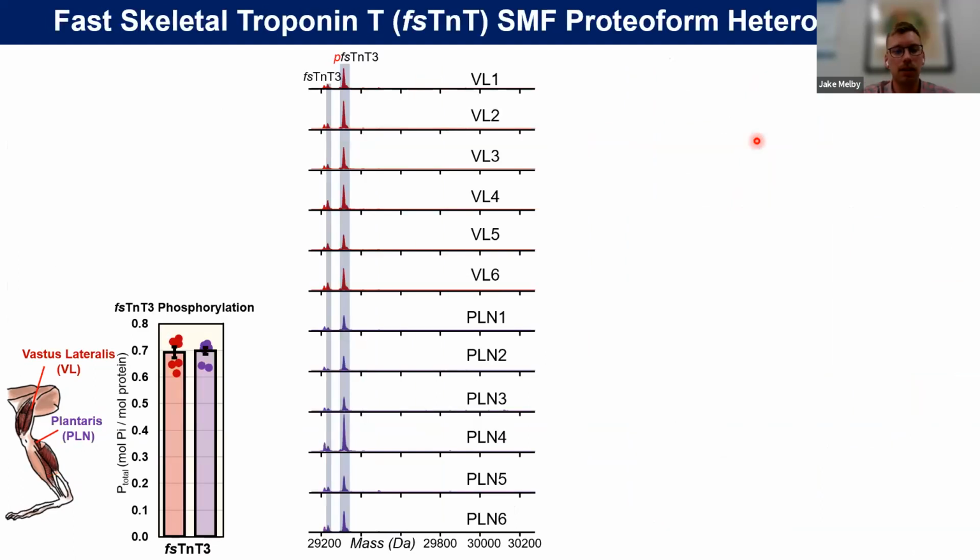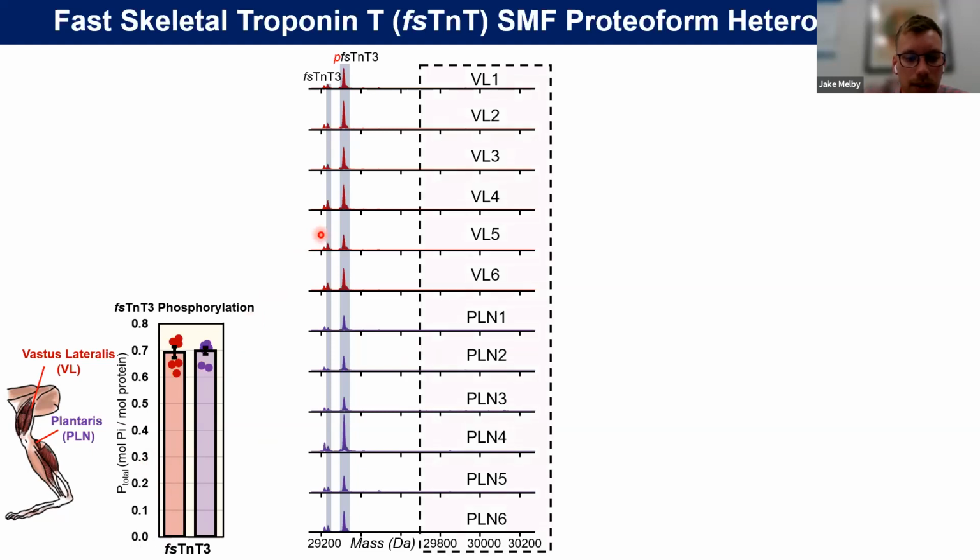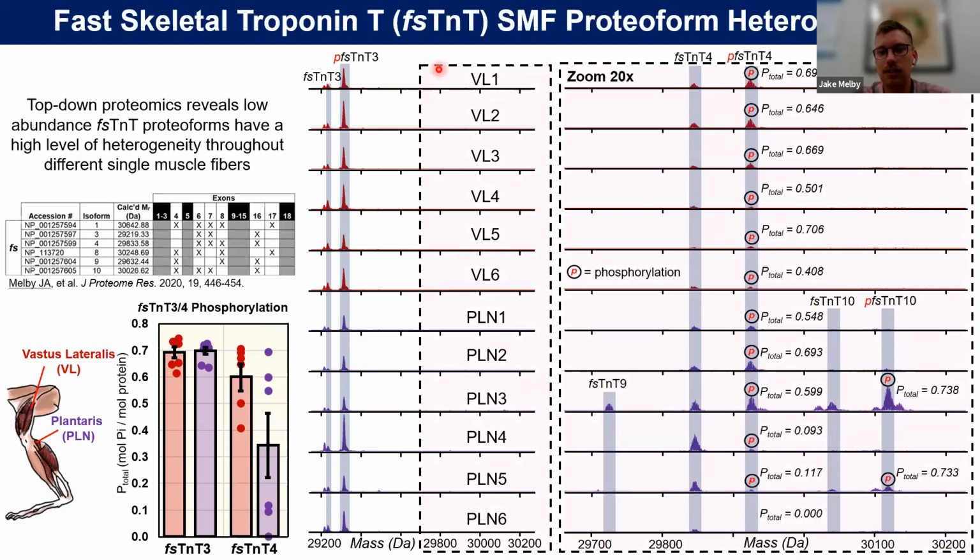So that was for fast skeletal troponin T3. Not a ton of diversity in the PTMs observed. And this was for the most abundant form of the troponin Ts. But when I was looking at the deconvoluted spectra, and you zoom in on this region that's in the box, we start to see some low level troponin T isoforms as well.